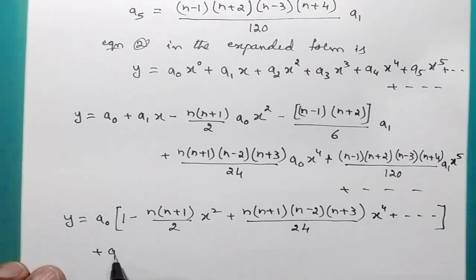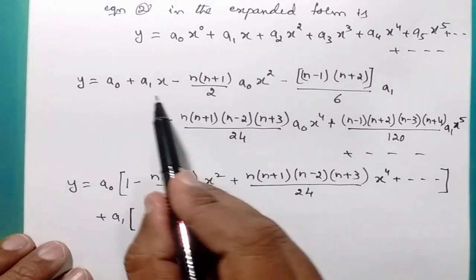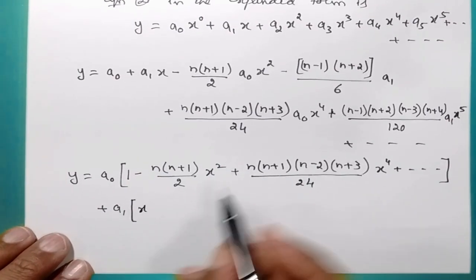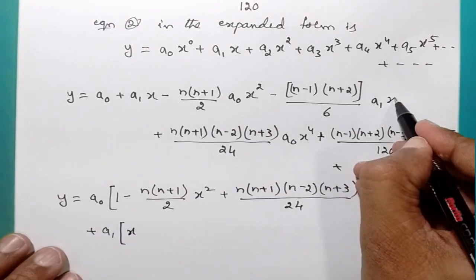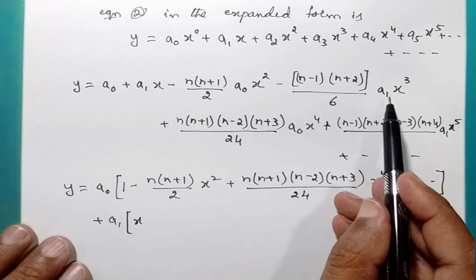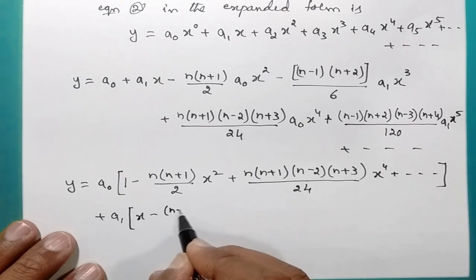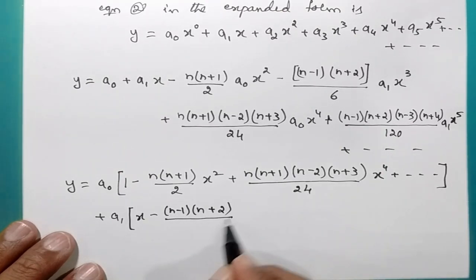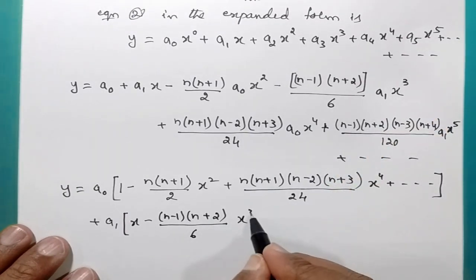Then plus, now we'll take a1 common. If I take a1 common, a1 is this term here, x is there. This is a0, this is the a1 term. The a1 term you have here is x cube, right? a1 x cube. So a1 term, minus (n minus 1)(n plus 2) divided by how much? 6. a1 is already taken common, will be left out with x cube there.